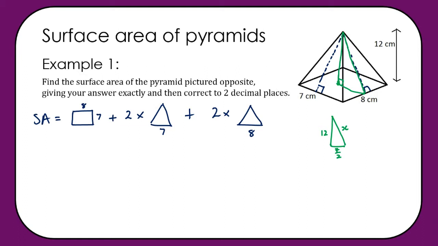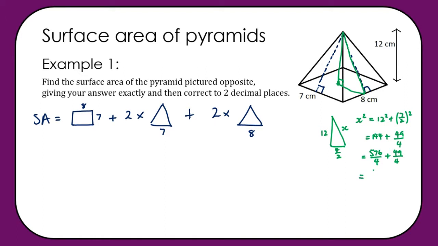So Pythagoras' theorem here, x squared is 12 squared plus 7 on 2 squared, so 144 plus 49 on 4. 144 is the same as 576 on 4. So we can do 4 times 100 plus 4 times 40 plus 4 times 4 to get to 576, plus 49 on 4.